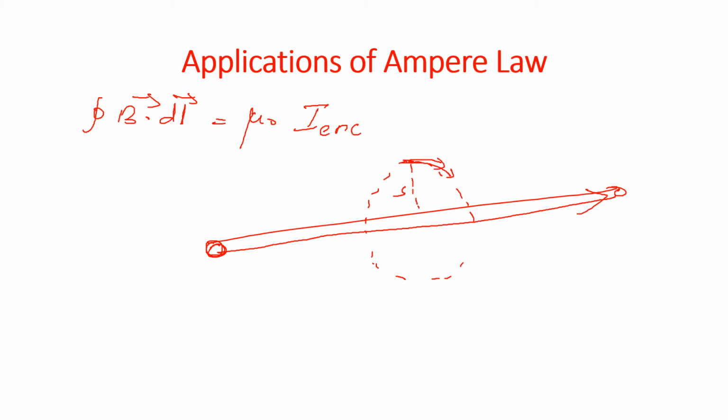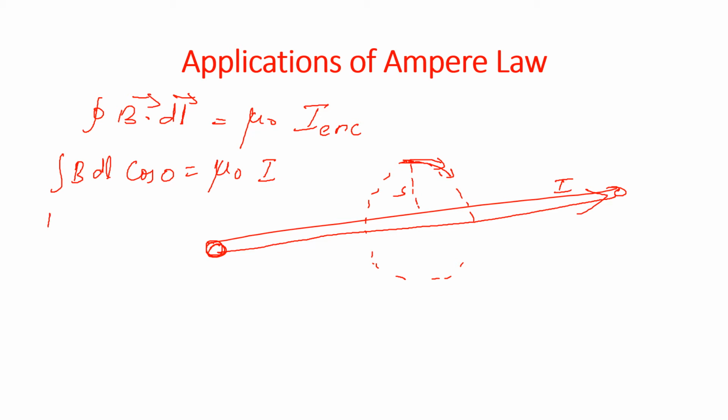So B dot dl can be written as integral B dl cos 0 equal to mu 0 times I. If there's only one current flowing through this, that will be I. If there are more, you can write I1 plus I2, that will be I enclosed. So here I'm replacing I enclosed with I.